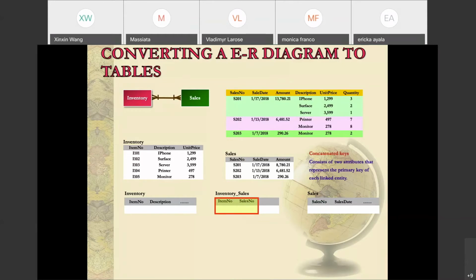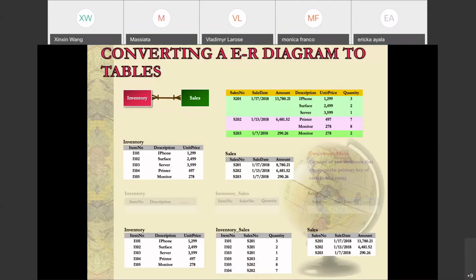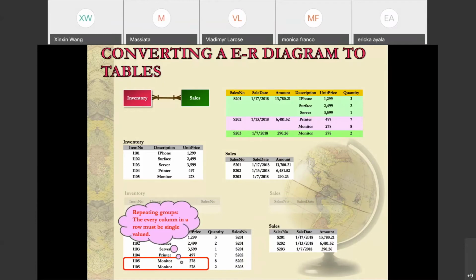It is also called a concatenated key, which consists of two attributes that represent the primary key of each linked entity. That's the many-to-many relationship there. So in this case, we successfully converted this big table to relational database tables. So what's the problem? Everything is matching, but then we have a repeat group.